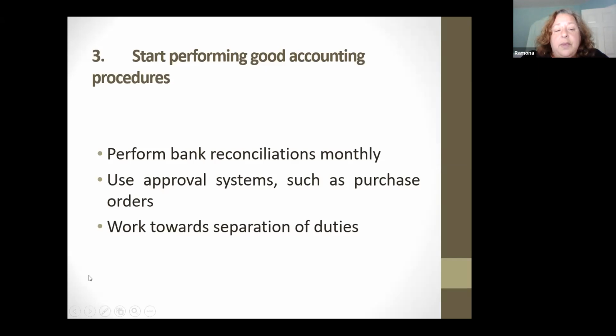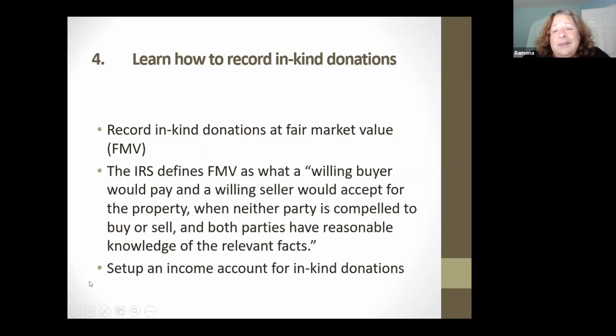I've been in organizations where the executive director only signed grant approvals and things like that, but didn't sign checks. So you have to see what works for your organization. It's not like there's a right way and a wrong way to do it, so just recognize that.